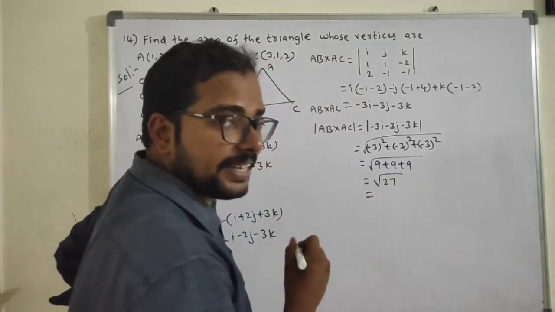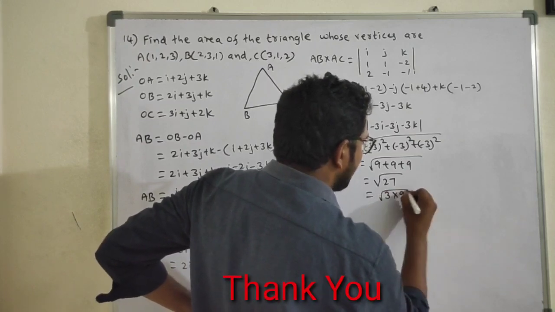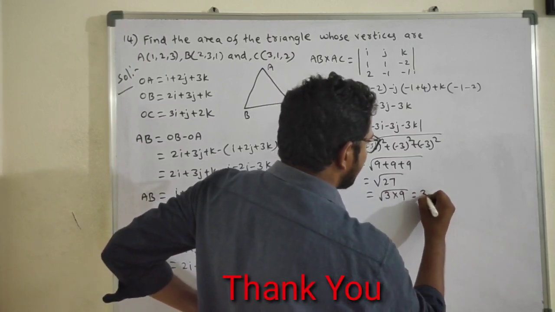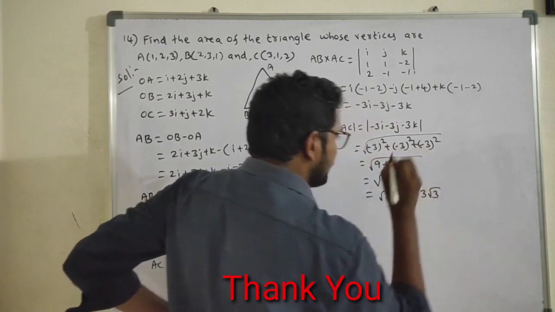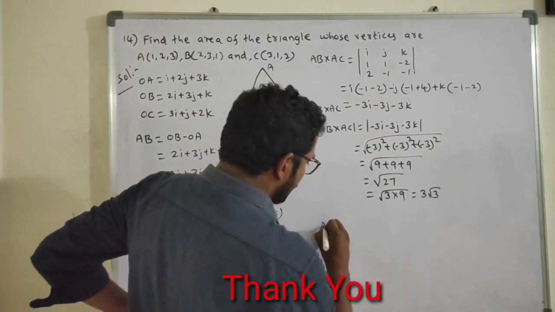We can write this as 3, 9s are 27, so root 9 is equal to 3, so we can write this as 3 root 3. Modulus AB cross AC is 3 root 3.